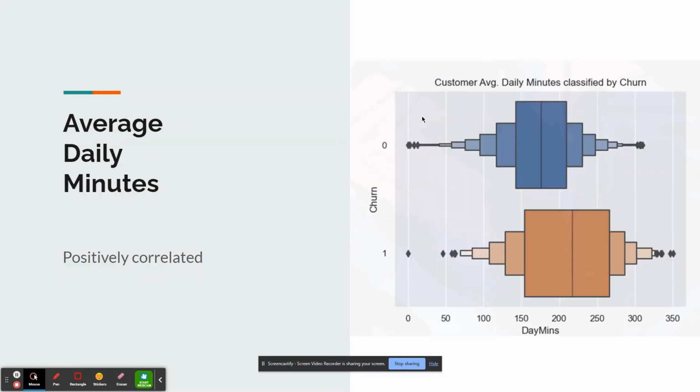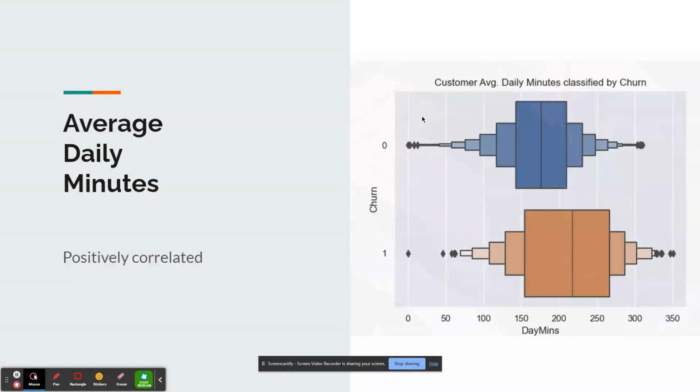customer service calls. And then another positively correlated feature would be the average daily minutes. And average daily minutes is basically the average bill that you get for using your service per day.